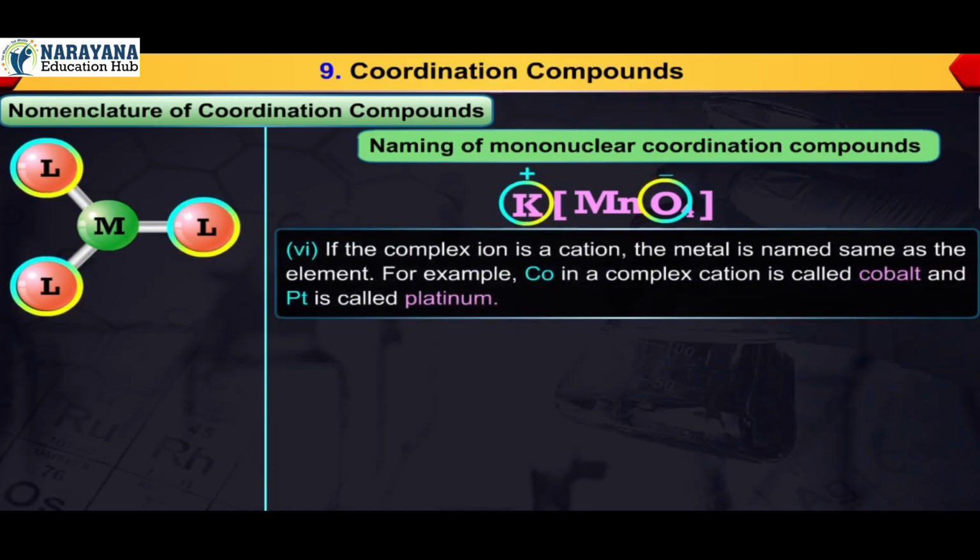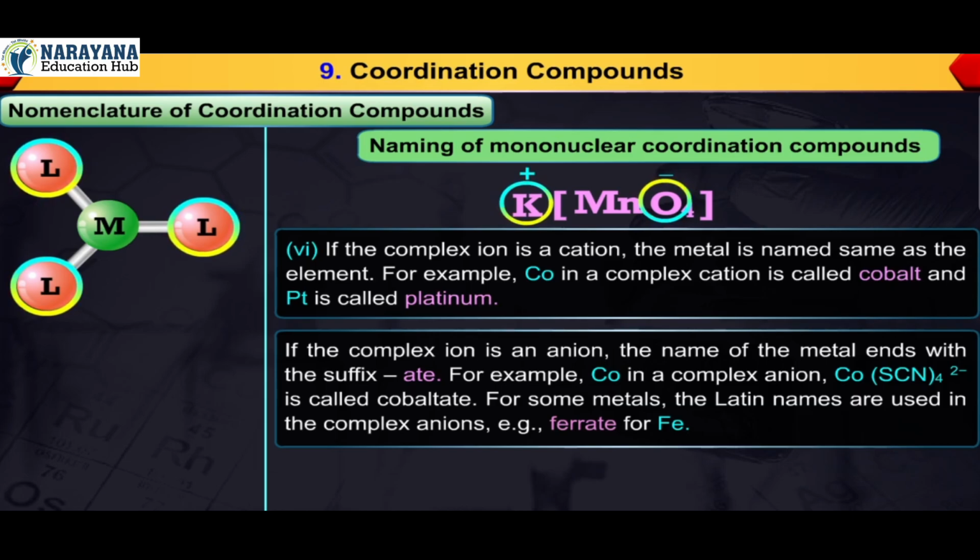6. If the complex ion is a cation, the metal is named as the same element. For example, Co in a complex cation is called cobalt and Pt is called platinum. If the complex ion is an anion, the name of the metal ends with the suffix -ate. For example, Co in a complex anion, [Co(SCN)4]2-, is called cobaltate.